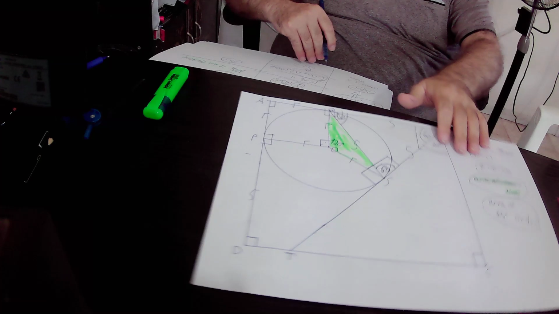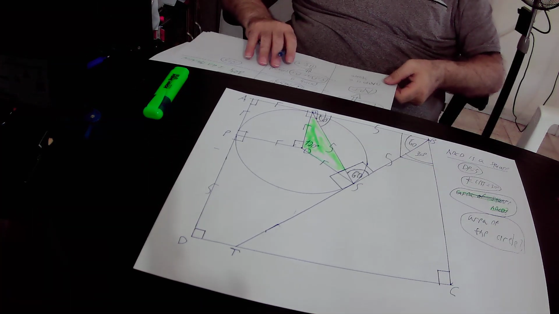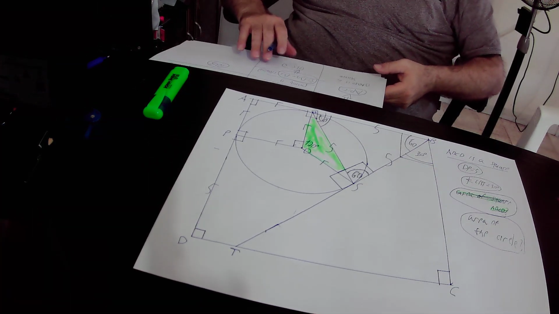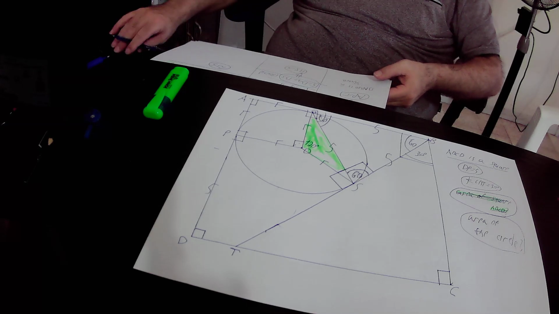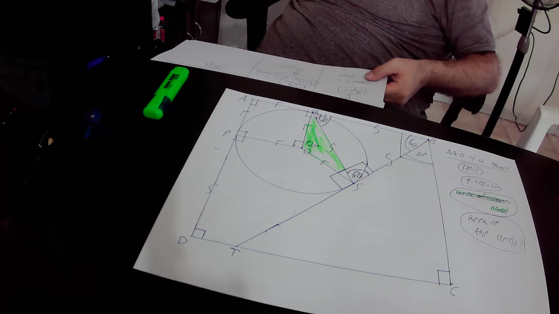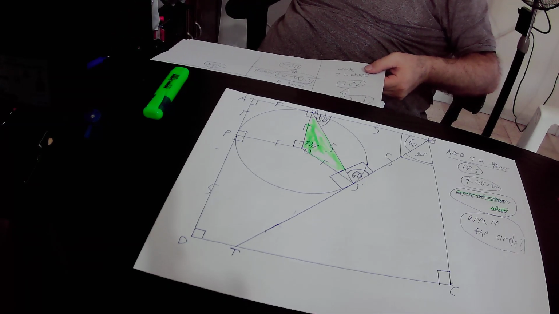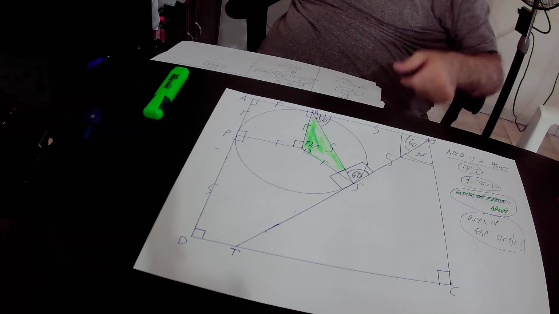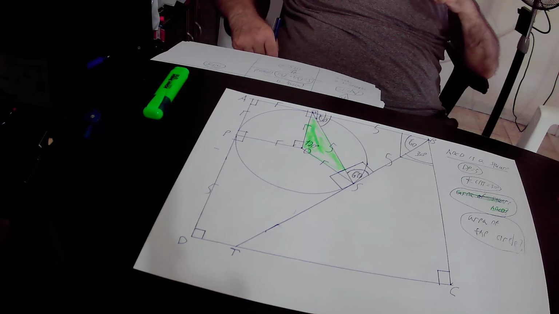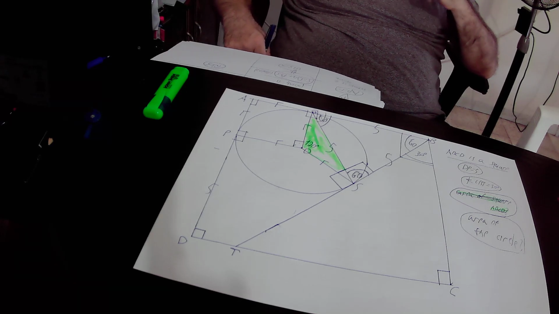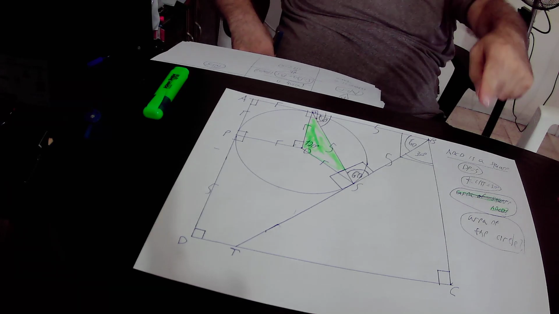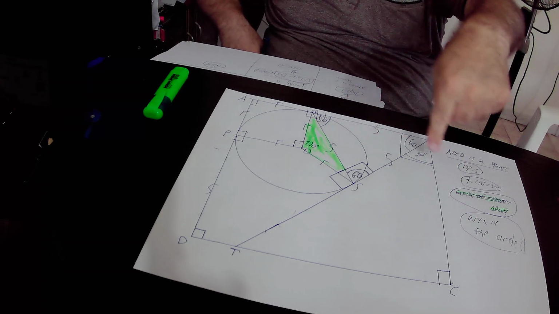In the drawing we have square ABCD. Inside square ABCD we have a circle. We know that angle CBT equals 30 degrees.